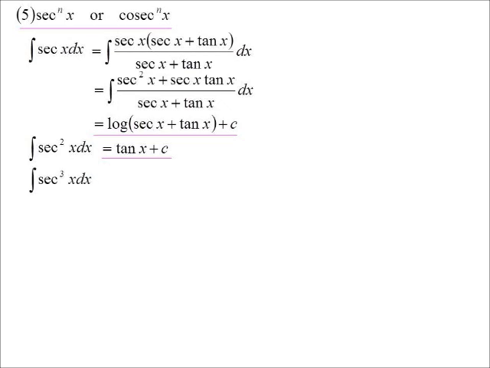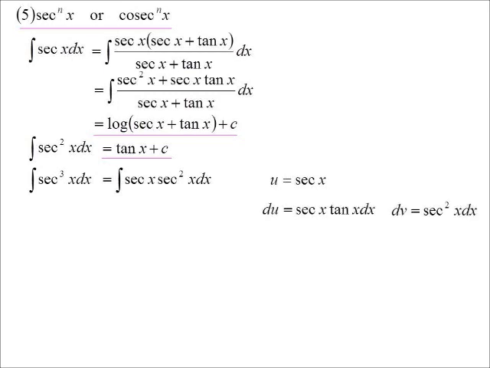Sec cubed then. Ugh. I've got some good news for you. This one's fun. It's the same as sec x times sec squared x. You know, I'm thinking, why on earth did you do that? You're not going to create derivative times function there. No, I'm not. But I can do it by parts. If u is sec x, du becomes sec tan, dv is sec squared, which means v is tan.